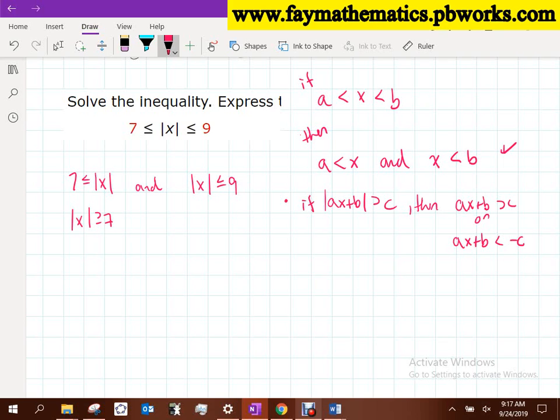So this is going to break down to X is greater than or equal to 7, or X is less than or equal to negative 7. Does that make sense, everybody?